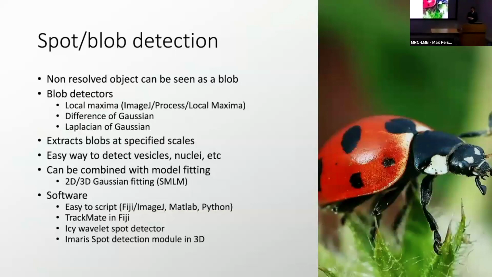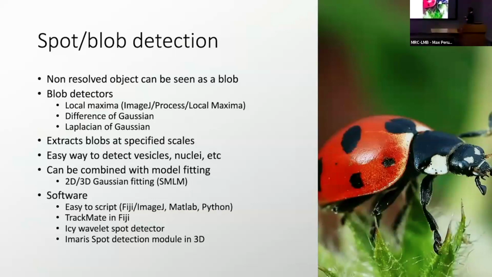It can also be a bigger thing, like a nucleus. It's a spot detection method; it looks like a big blobby thing. So you have this idea of multi-scale blobs. It applies to unresolved objects, but also to anything in which we are not interested in fine detail.